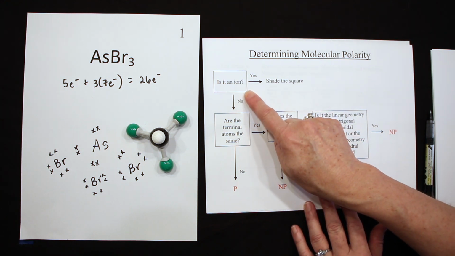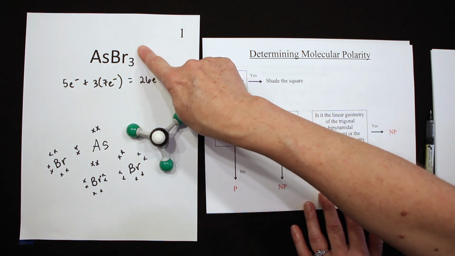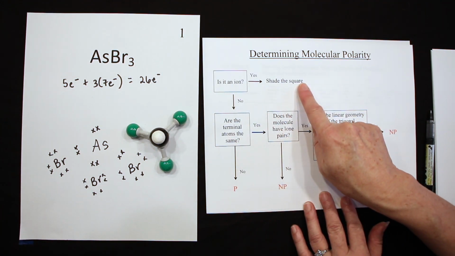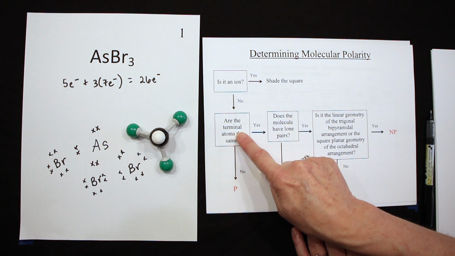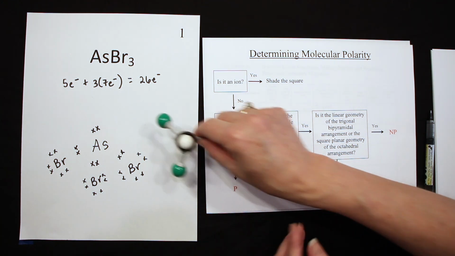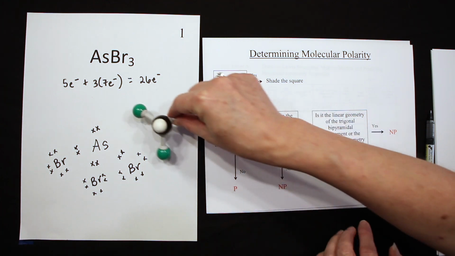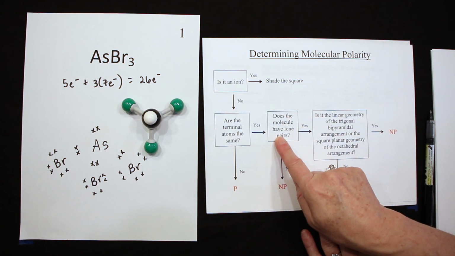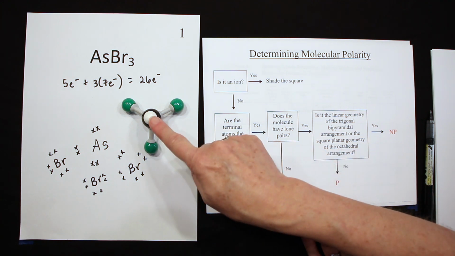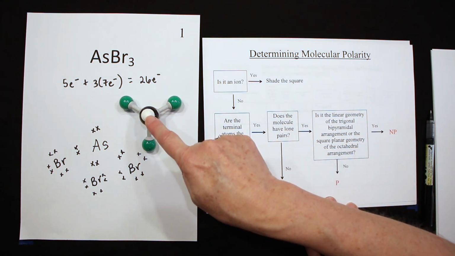Is it an ion? And it is not. I don't see any superscript up here. If it is, you shade the square. Are the terminal atoms the same? Well, here I've got 3 bromines. Yes, they are. Does the molecule have lone pairs? Yes, it does.